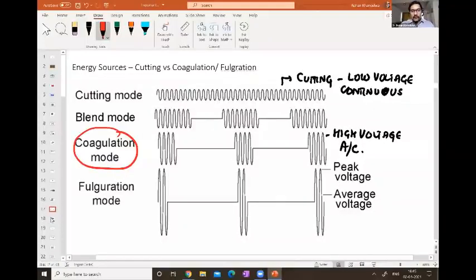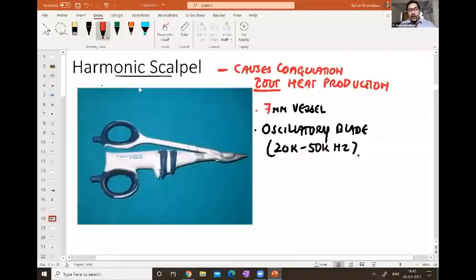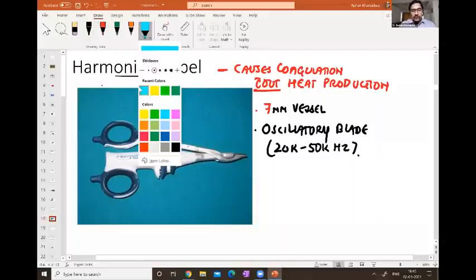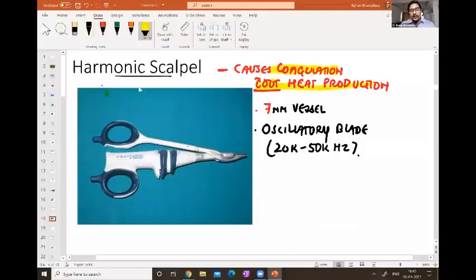This is another device which you should be able to identify. This is a harmonic scalpel, and the utility or the good thing about a harmonic scalpel is that you can cause coagulation without heat production. You can coagulate vessels up to 7 millimeters in diameter, and this has an oscillatory blade.